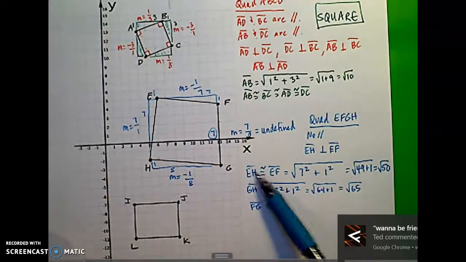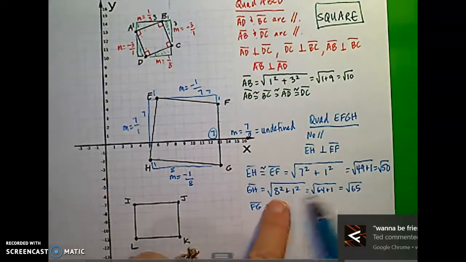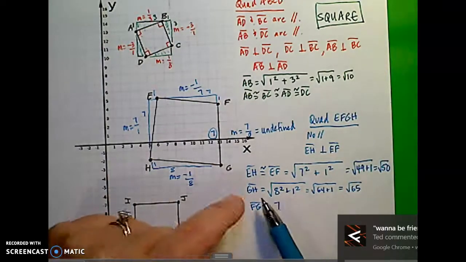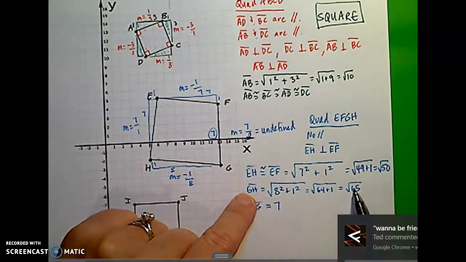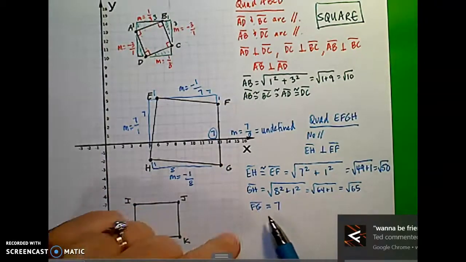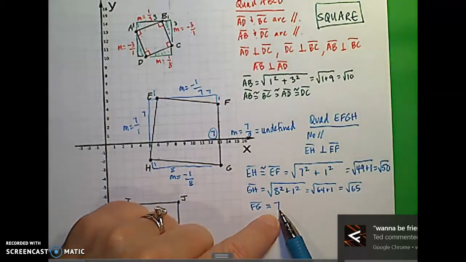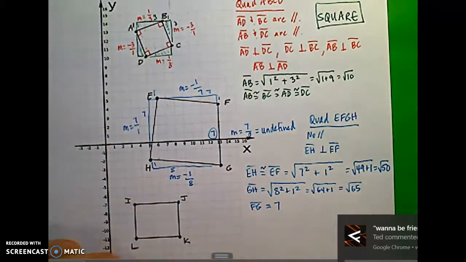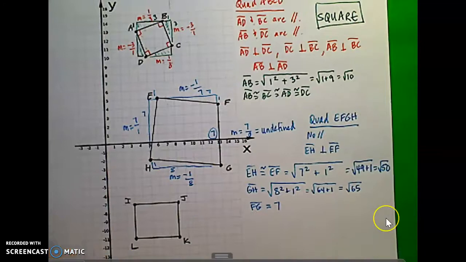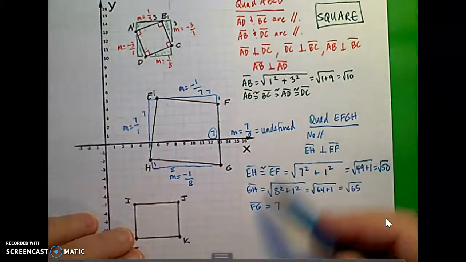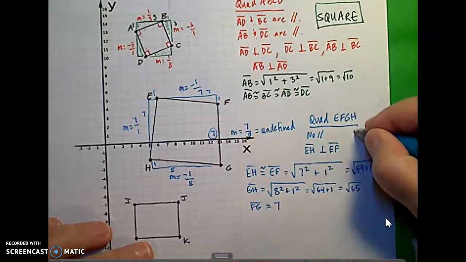You're supposed to use segment symbols with the congruence. We're measuring the distance, so actually the length of segment GH is equal to square root of 65. The length of segment FG is equal to 7, but it's close enough. We're not going to worry about that technicality. So this quadrilateral, nothing special.